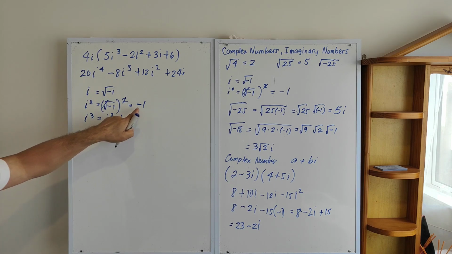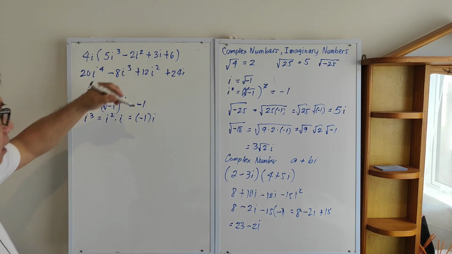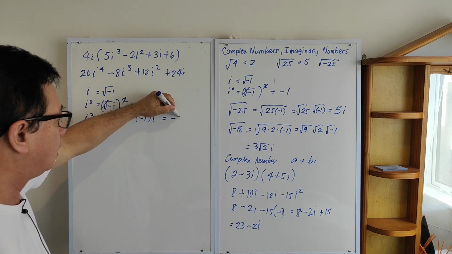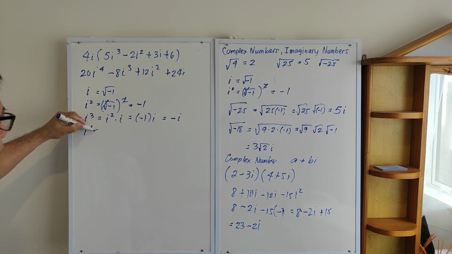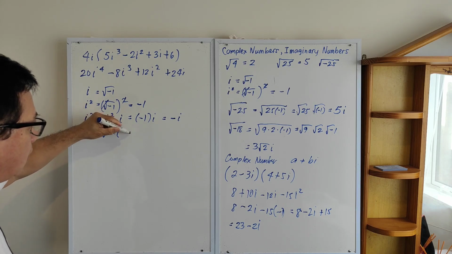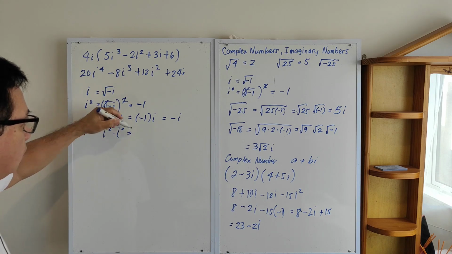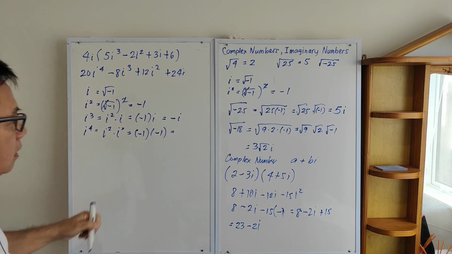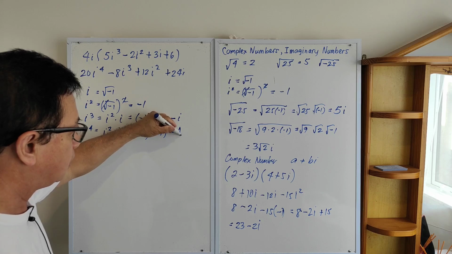Now i squared is equal to negative 1, so negative 1 times i. So i cubed would be negative i. i to the 4th, we can separate it into i squared times i squared. But i squared is equal to negative 1, so we can replace this with negative 1, and this also with negative 1. So this is positive 1. Negative 1 times negative 1 is positive 1.